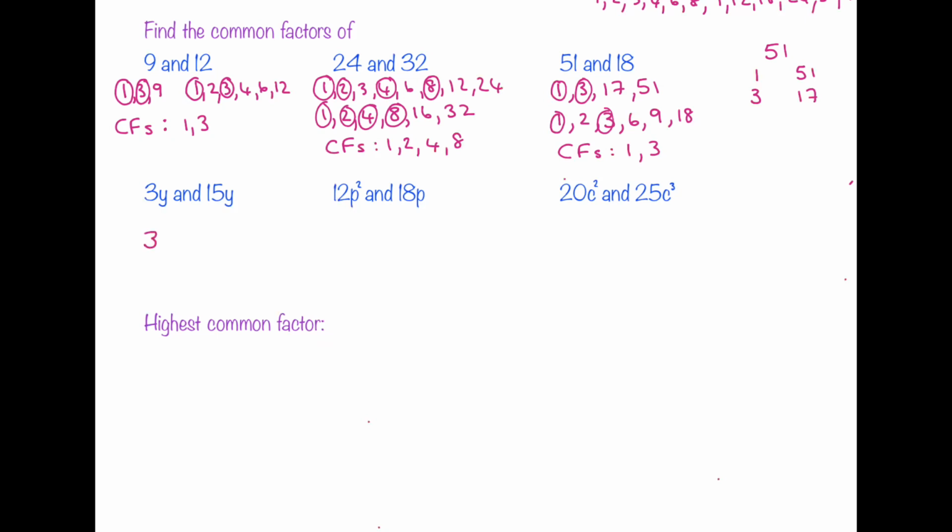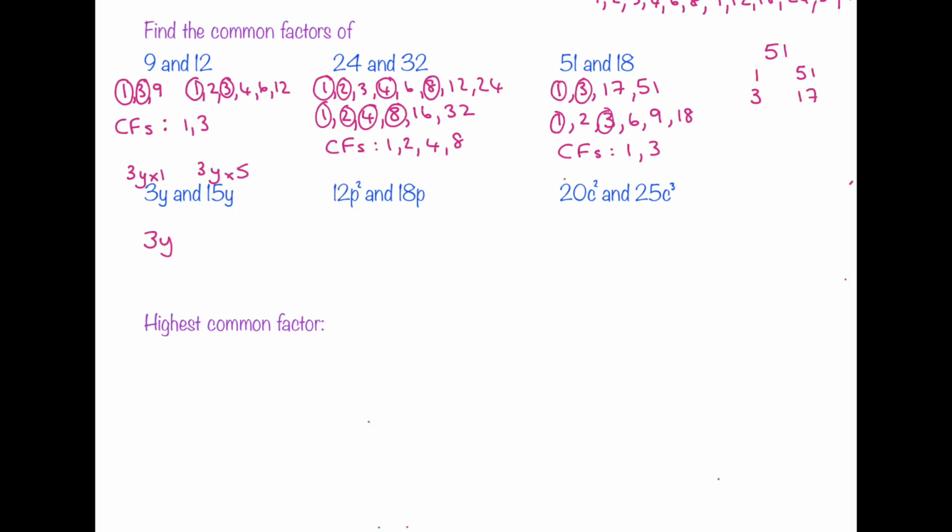And the common factor that we've also got here, if you have a look, we've got y and y there. So 3y is a common factor of 3y and 15y. And if we were just to think about the partners, this is 3y times 1, and this is 3y times 5.